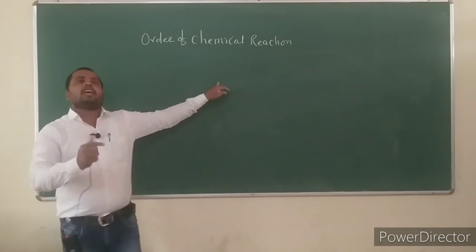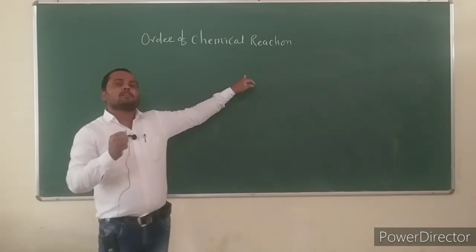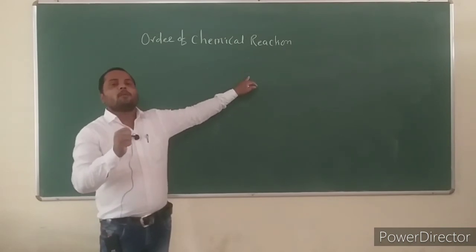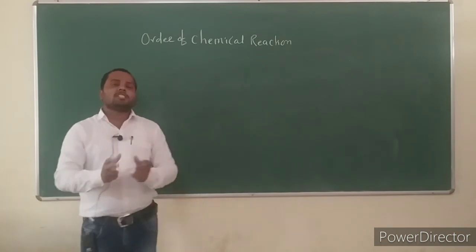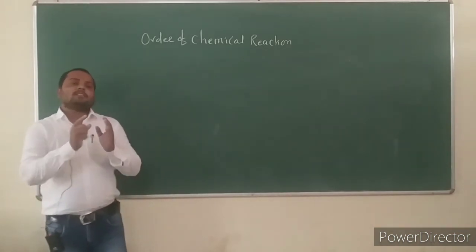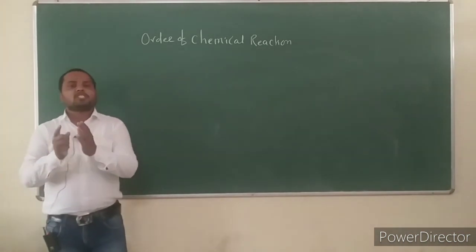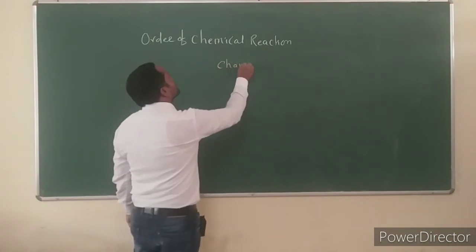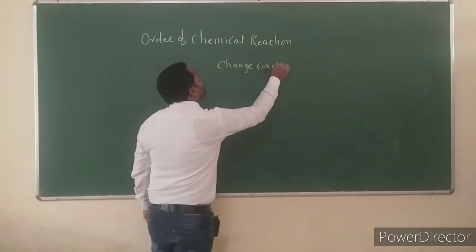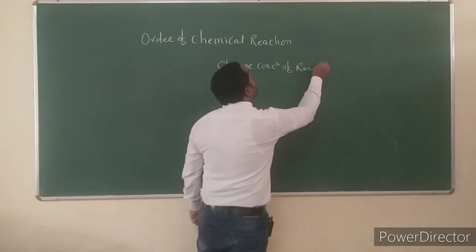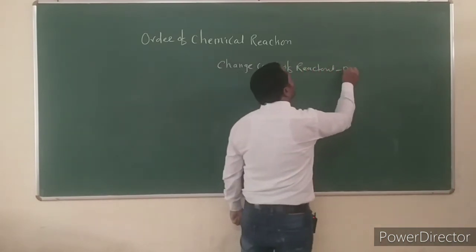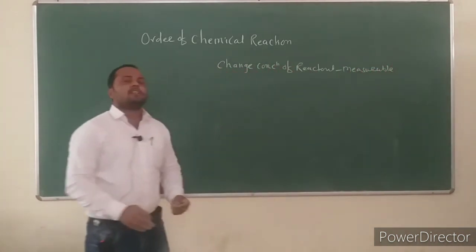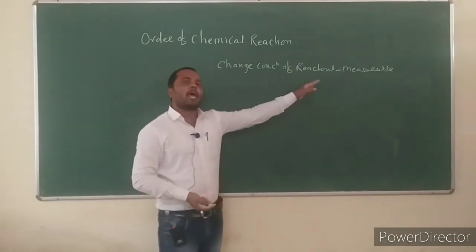Only that reactant concentration appears which is measurable. If the change in concentration of the given reactant is easily measurable, then this reactant concentration generally appears in the rate equation.